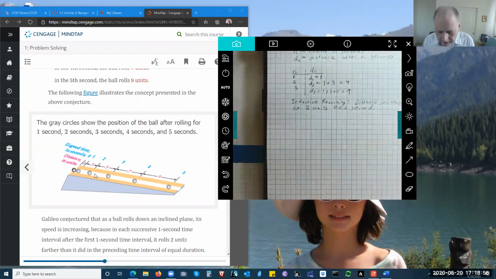Now, then Galileo said, if that's true, then the distance d_n is n squared. Is that inductive or deductive reasoning?